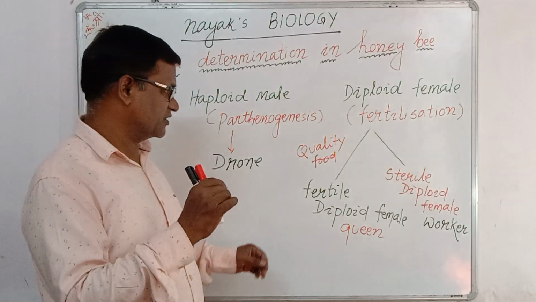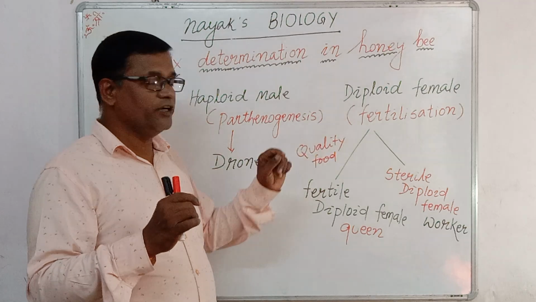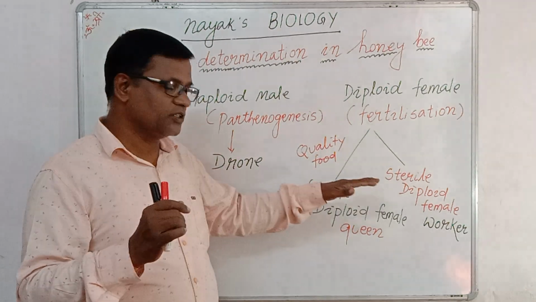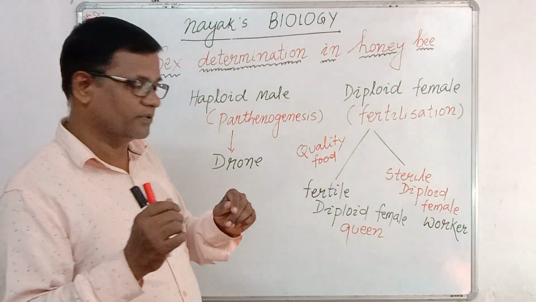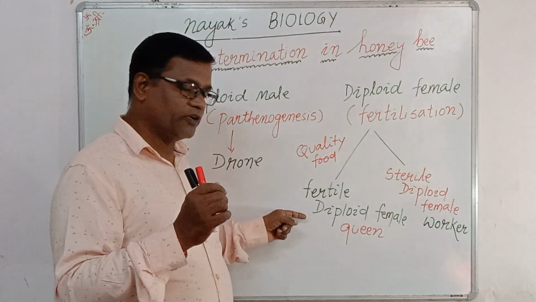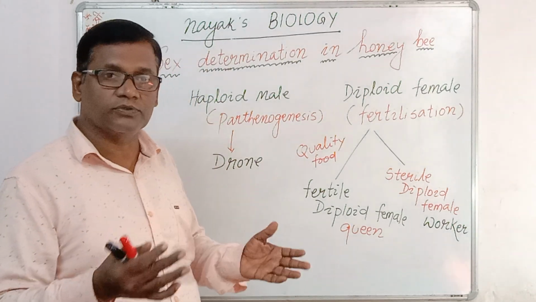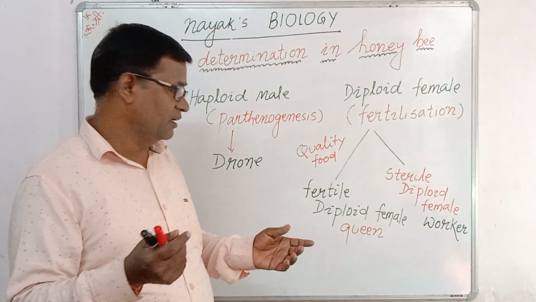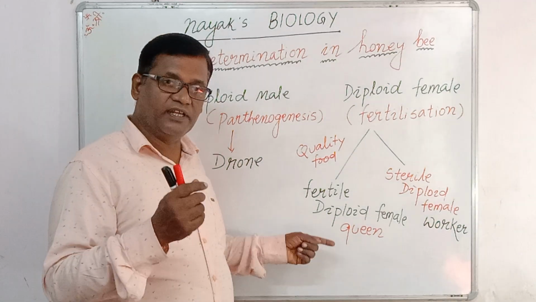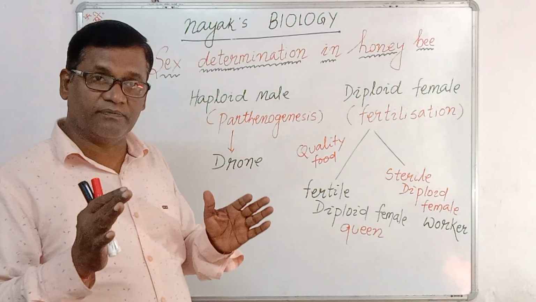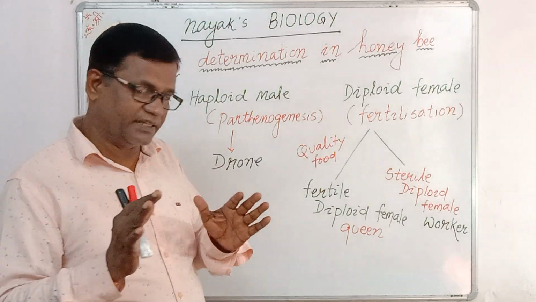Now you come to understand that this diploid female is divided into two categories. Two types will form. One is the fertile diploid female. Fertile means which can reproduce. This is called the queen. The queen is a fertile diploid female, that means it contains 32 chromosomes.